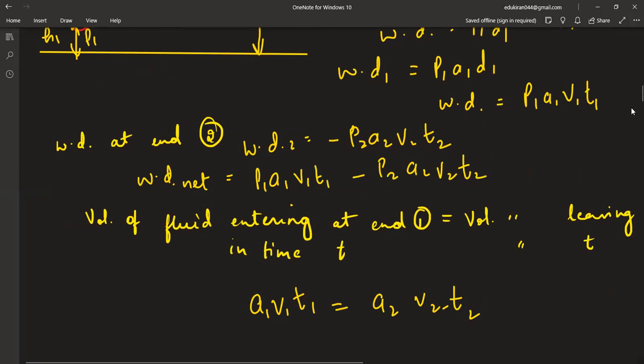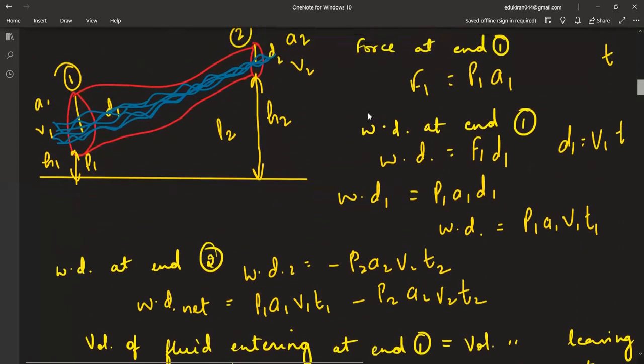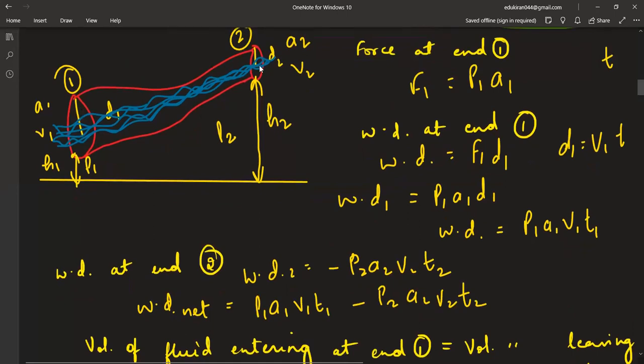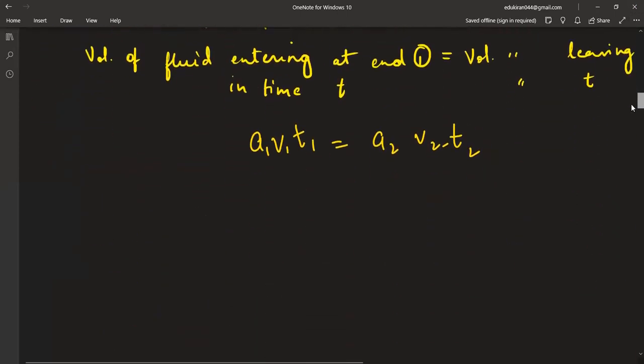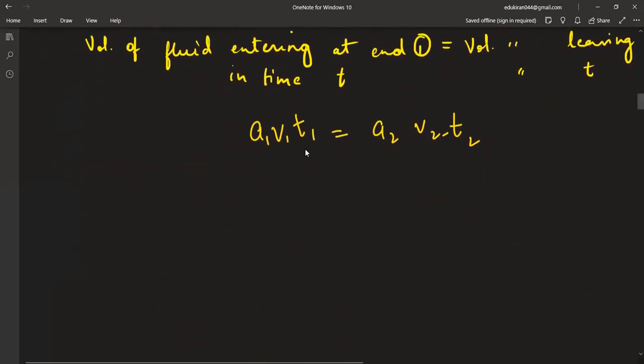Whatever fluid is entering at the first end is equal to the fluid leaving at the second end. So we can say A1 V1 T1 is equal to A2 V2 T2. This is the volume in time T1, and this is the volume in time T2.